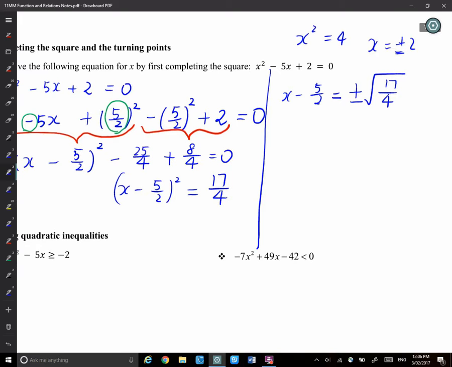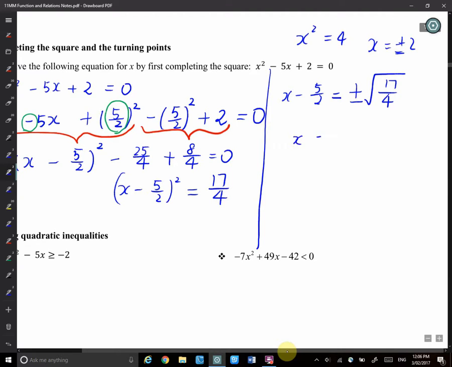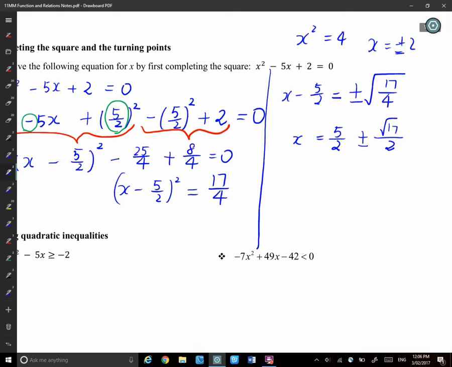So a equals plus minus the square root of 17 over 4. So x will equal 5 over 2 plus minus square root 17 over 2. Okay, you have two values.